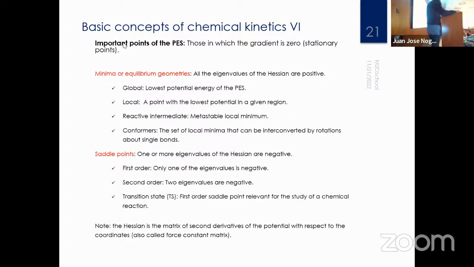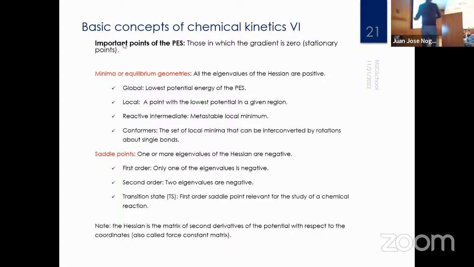Minima all have positive eigenvalues, therefore real frequencies. And then saddle points correspond to situations where you have one or more than one negative eigenvalue, corresponding to one imaginary vibrational frequency or more than one imaginary vibrational frequency.